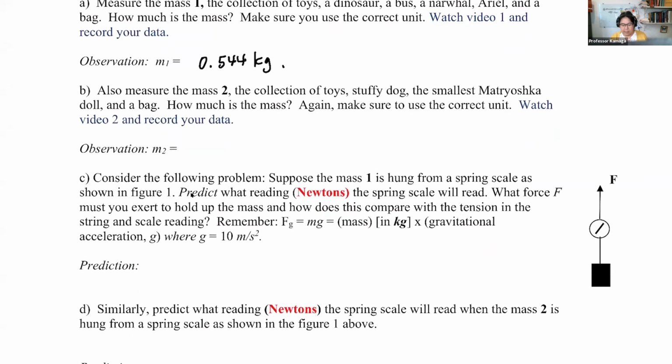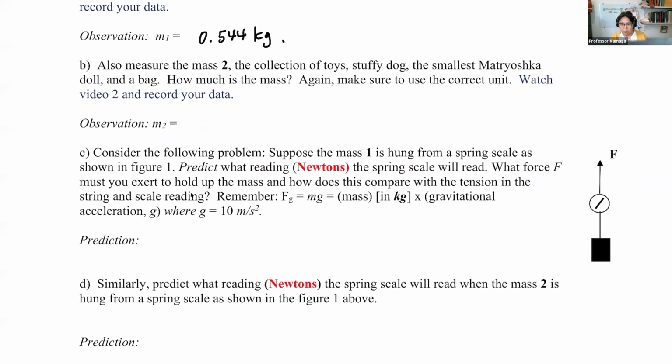And the C, that's the video 2. And in C, I want you to predict if you were to hang this collection of toys, collection one, M1, if I hang it like this, just simply downward, what will the scale read?